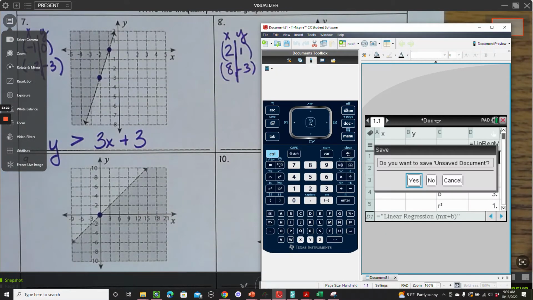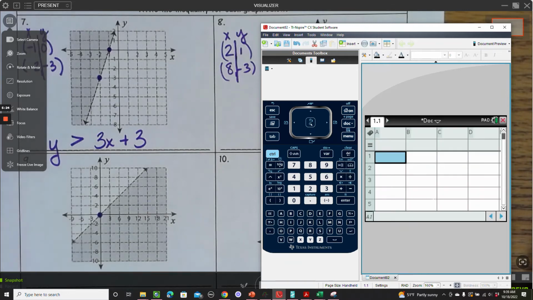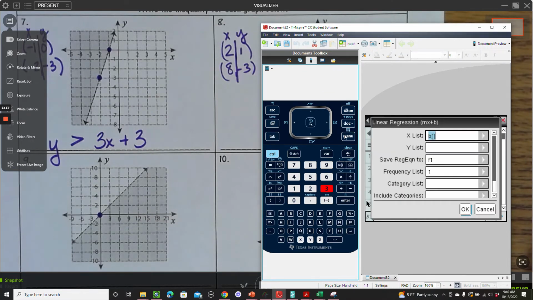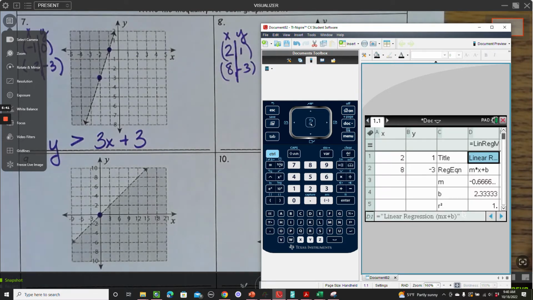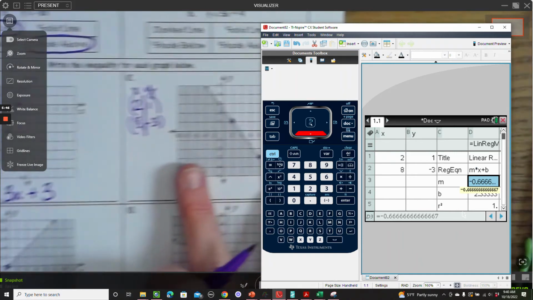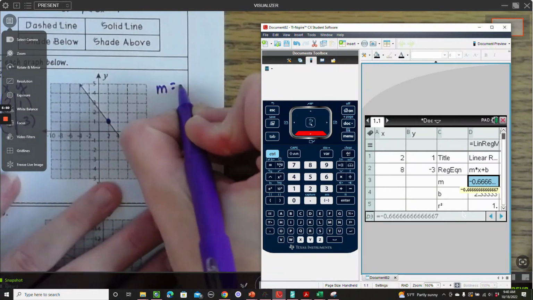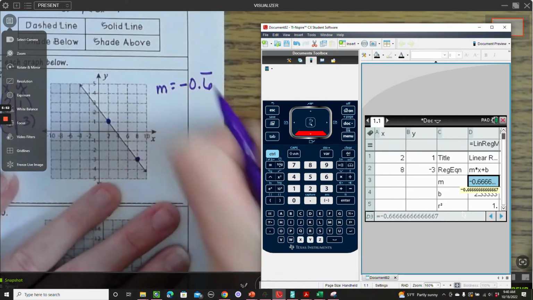All right, so start fresh. Menu 4, 1, 3. Change the X list to X, the Y list to Y. All right, I got decimals. You know we don't like decimals here. So my slope is negative 0.6, and that 6 is repeating.